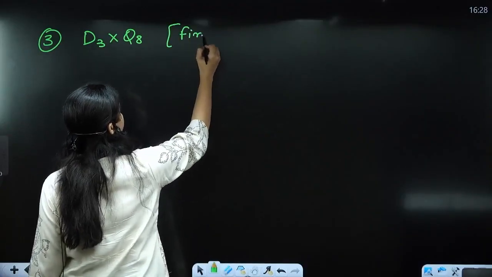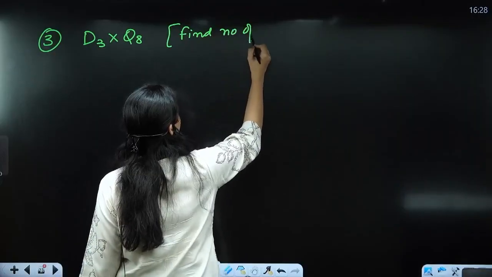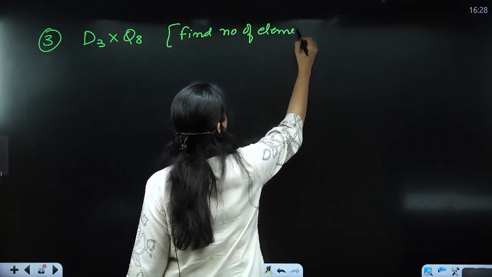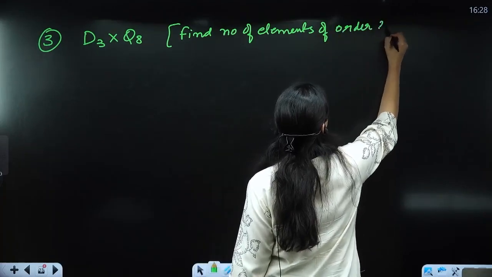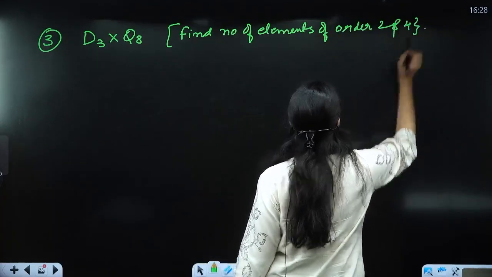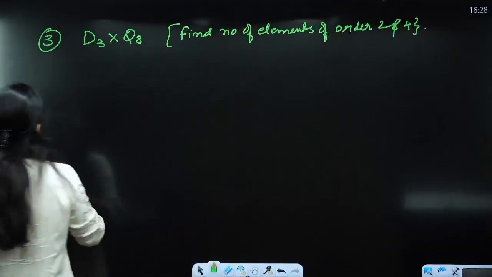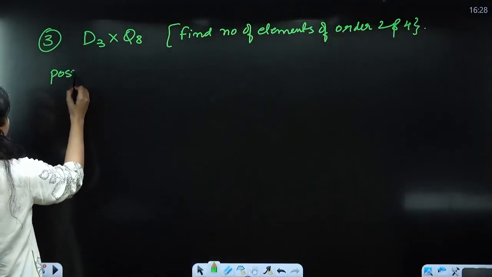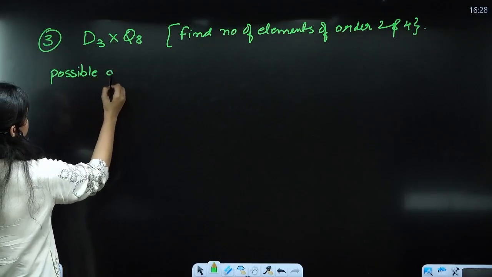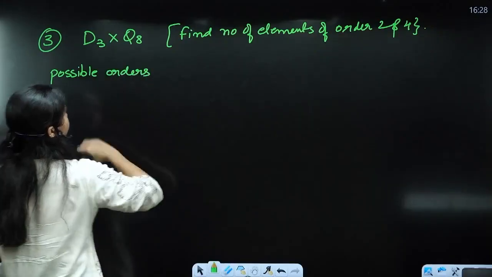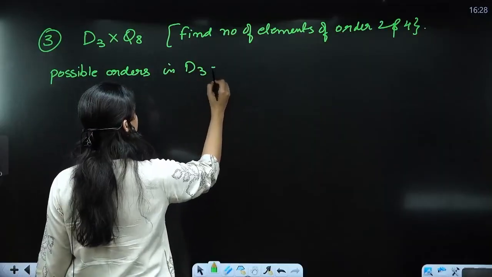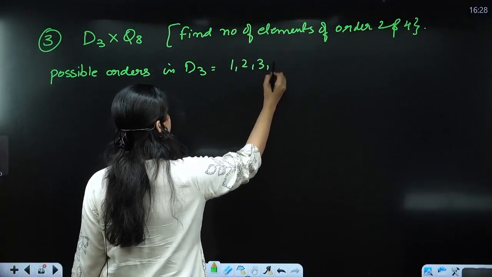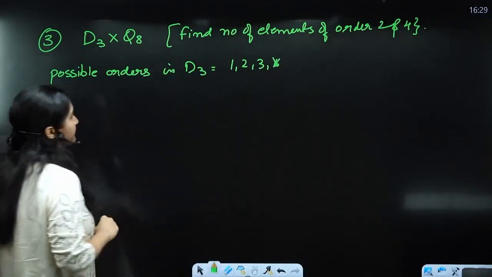Find the number of elements of order 2 and 4. Now, possible orders in D3 are 1, 2, 3 and 6, although 6 is not present.